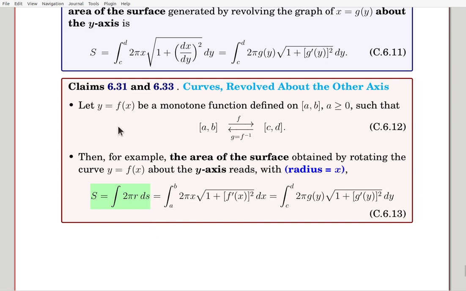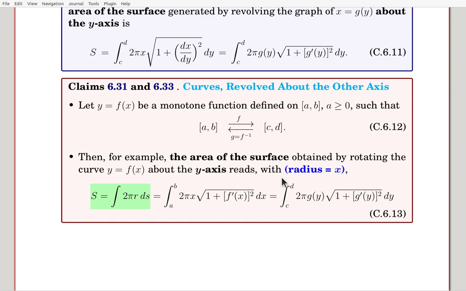Now, when the given curve is monotone such that it has an inverse, let's consider that f is ascending from a to b, the domain is a to b, and the range is c to d, then its inverse goes from c to d to a to b.